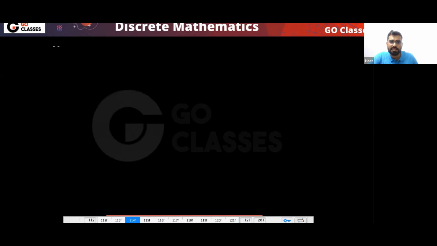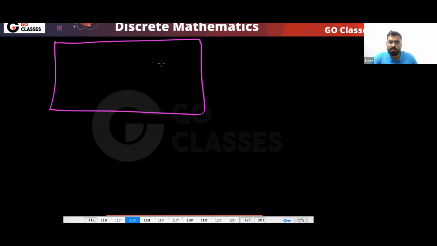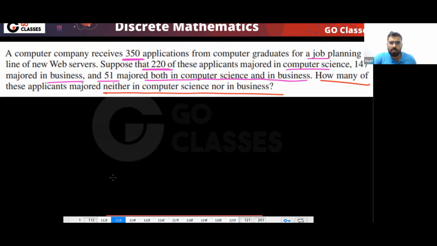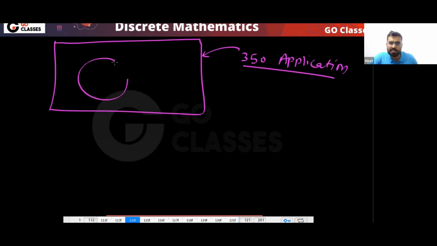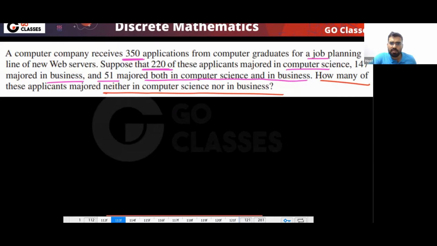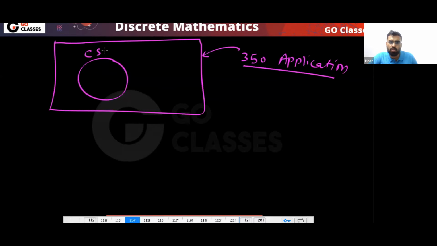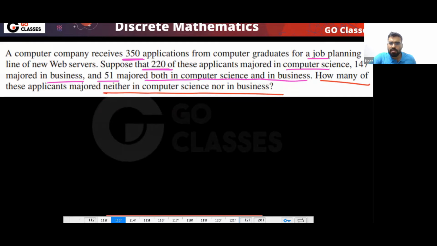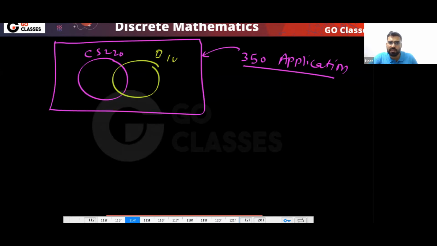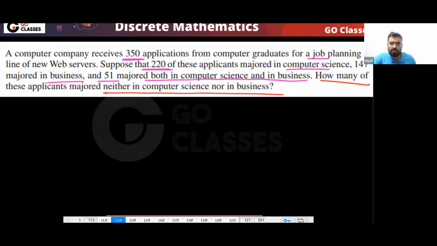So this question is saying like this. The total applications that came is 350. From these 350 applications, computer science applications were 220, and business applications were 140, and 51 applications have both computer science and business.